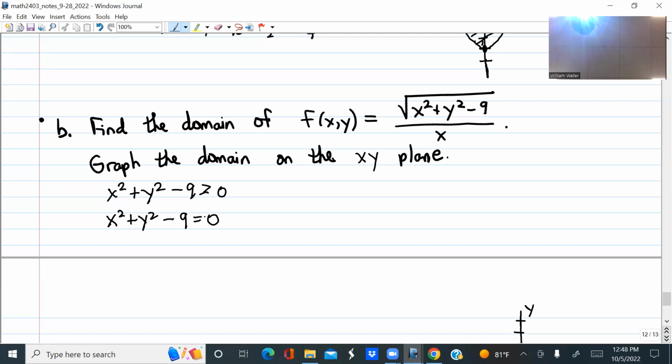That's a curve that we sort of understand. This is x squared plus y squared equals 9, and that's a circle. Its center is at the origin, and the radius there is 3.